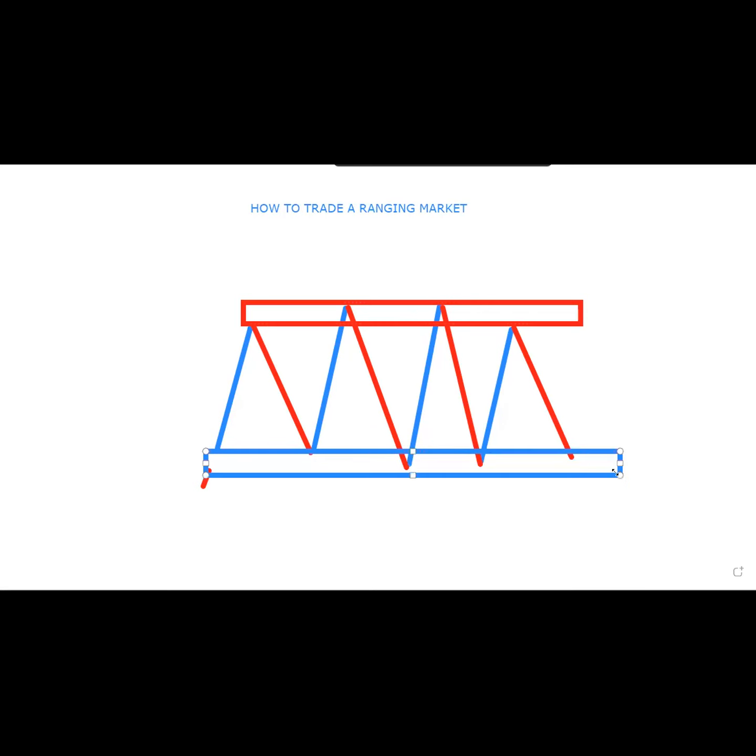So let's write down. There are about 3 basic ways to trade a ranging market.